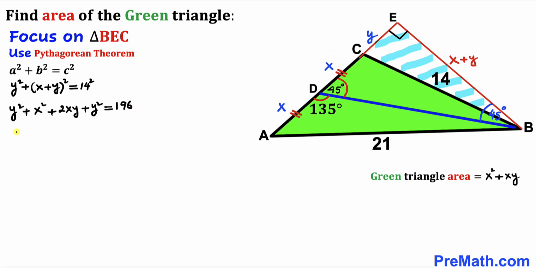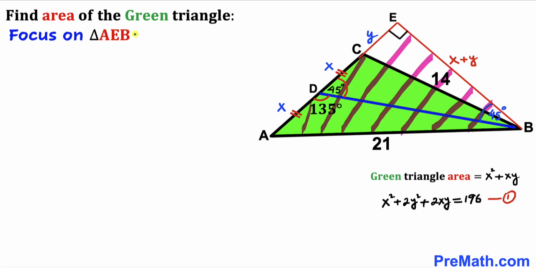Now let's combine the like terms. We have X square plus 2Y square plus 2 times XY equals 196. Let me label this as equation number 1.